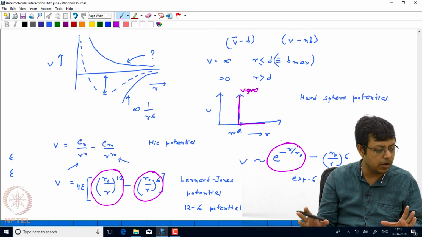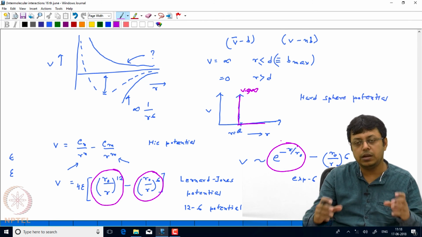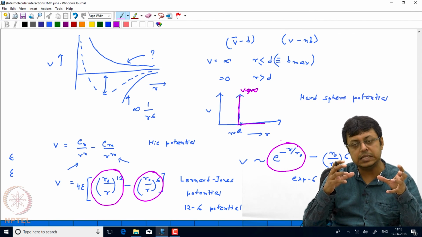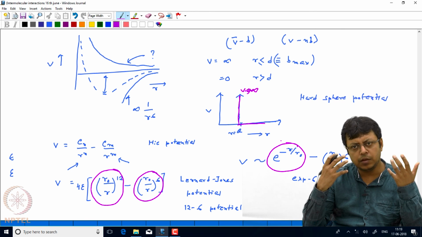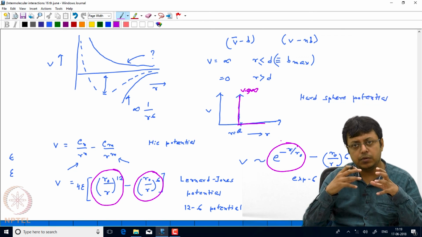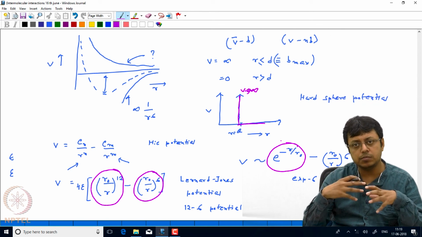So, overall what we have studied in this lecture is the origin of intermolecular interactions: why gaseous states, if we cool down the temperature, form liquid, and if we further cool down the temperature form solids.